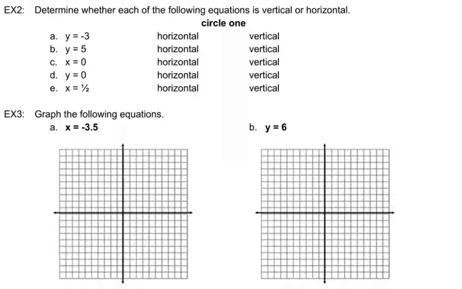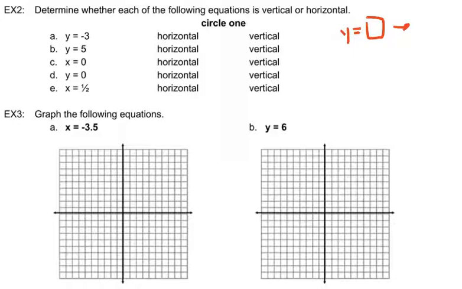So we need to figure out what happens when we don't have an x in our equation. I shall give you a hint. If it is y equals a number, that means y is always that number.